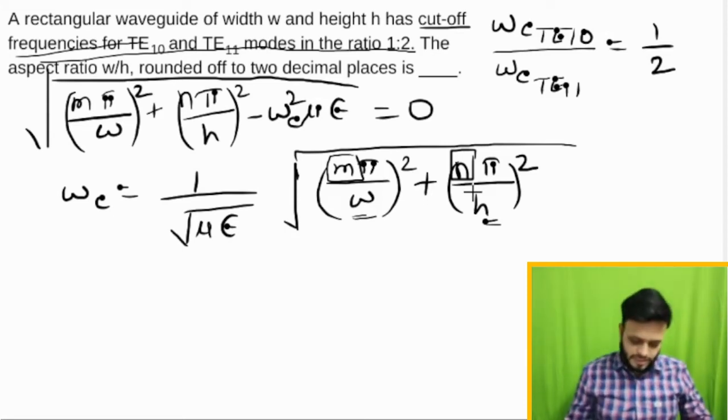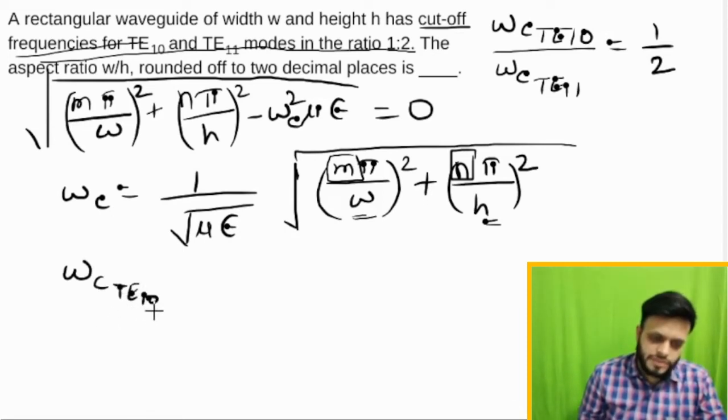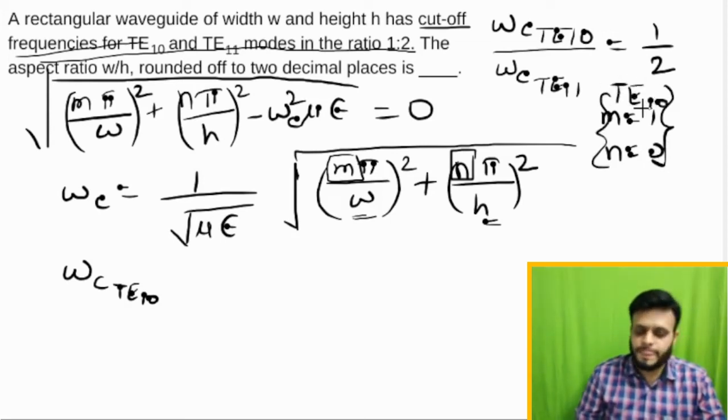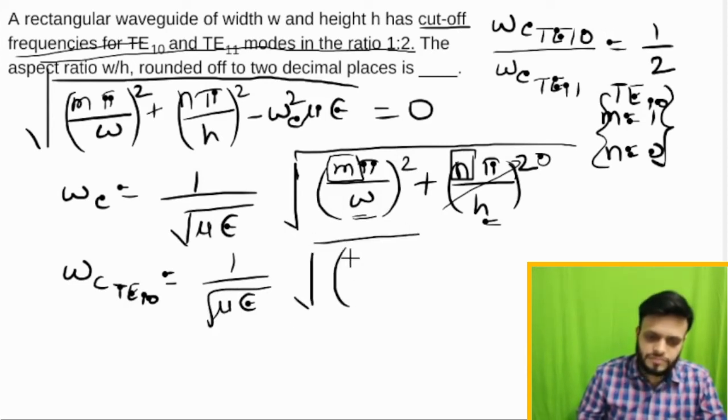I will not be discussing it in detail, but let us see omega c for TE10 mode. Here, as we are writing 10, it means m is equal to 1 and n is equal to 0. So here m is 1 and n is 0, so the n part will be neglected. So omega c is 1 over square root of mu epsilon, square root of (pi by w) whole square. The square and square root we can neglect, but right now we will just keep it for the sake of comfort of calculations.